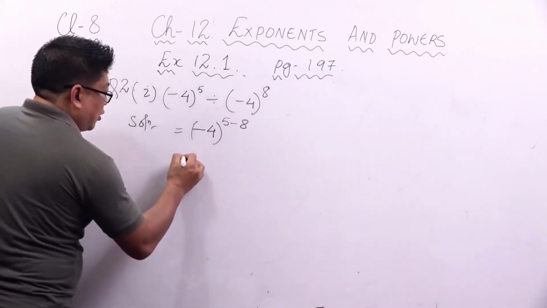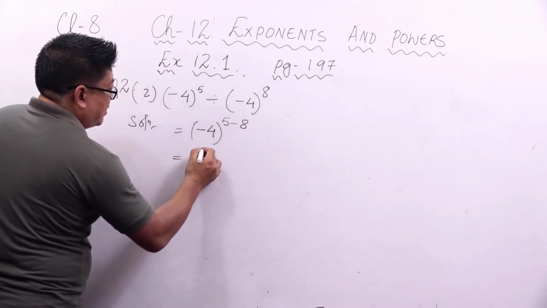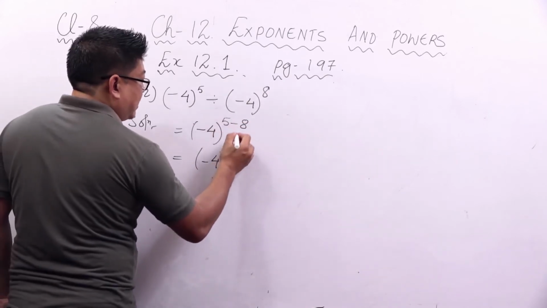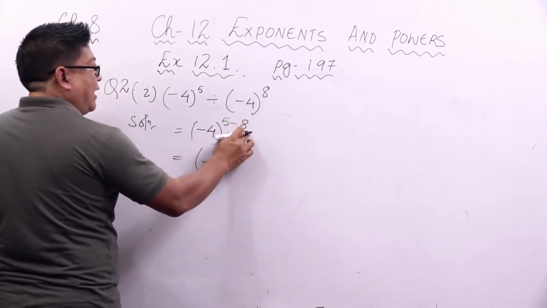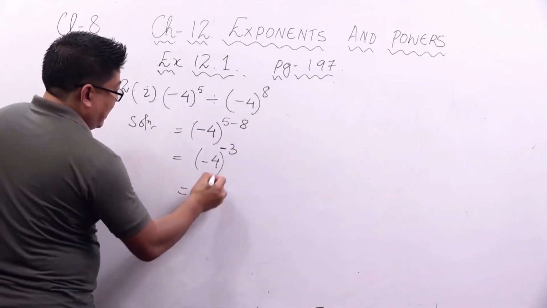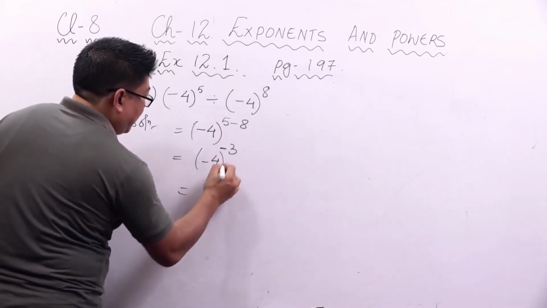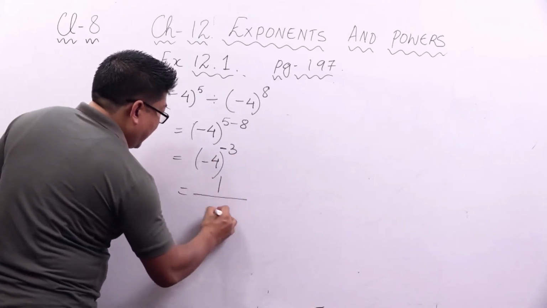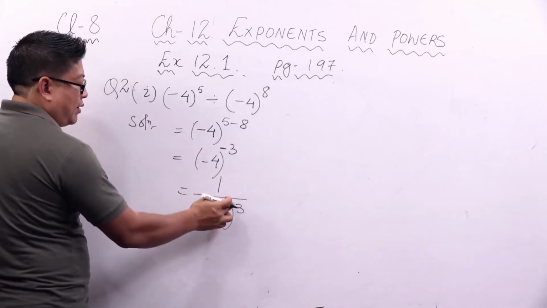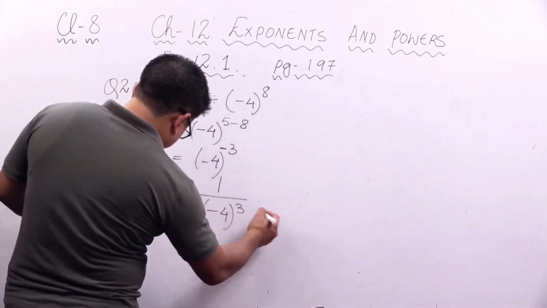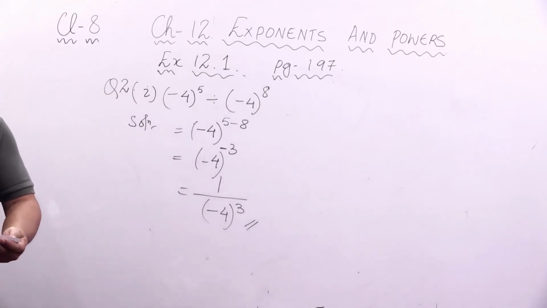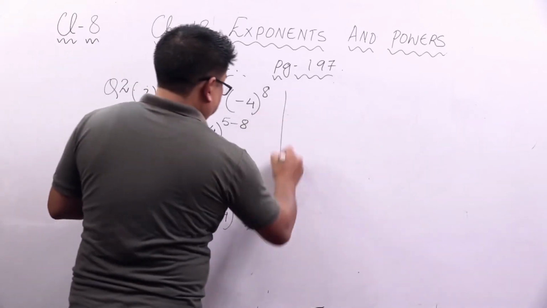Okay, so I have this minus 4 to the power 5 minus 8, which is 3. Since 8 is bigger and it is minus, we will write minus 3. And now to remove this minus 3, I will write 1 by minus 4 to the power 3. Here I have removed the minus, and this is your final answer. All right, let's move on to the next question.